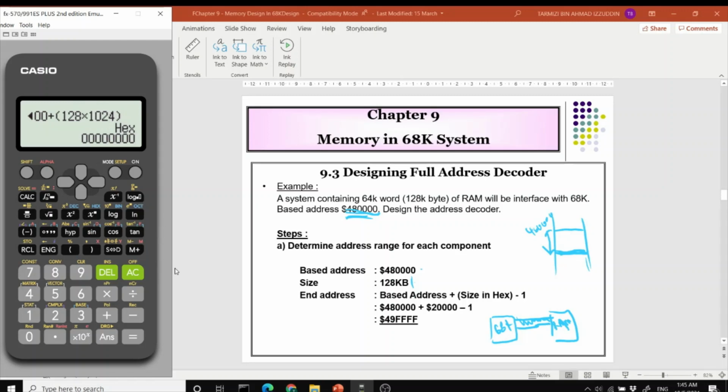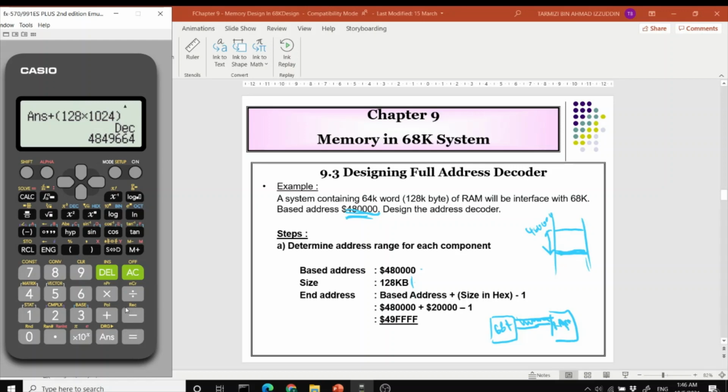I think this was already covered by Dr. Zamani. And then finally you minus this by 1. Pardon me, I think I made a mistake here. Again, you put 480000 as a hexadecimal number, then add 128 multiplied by 1024.